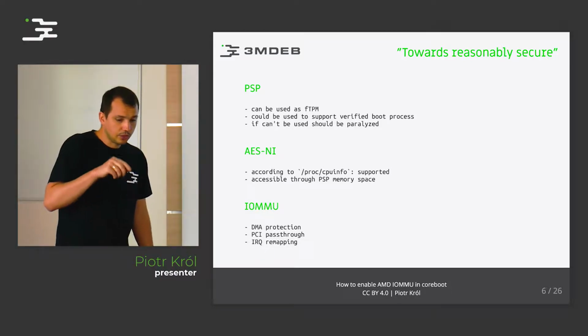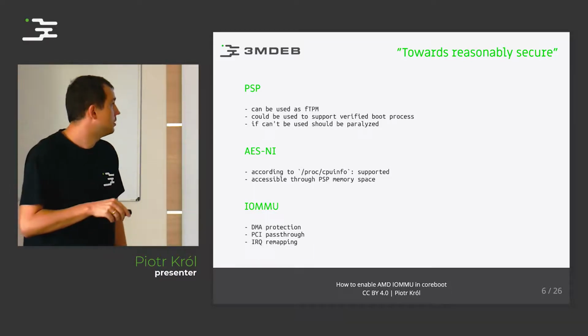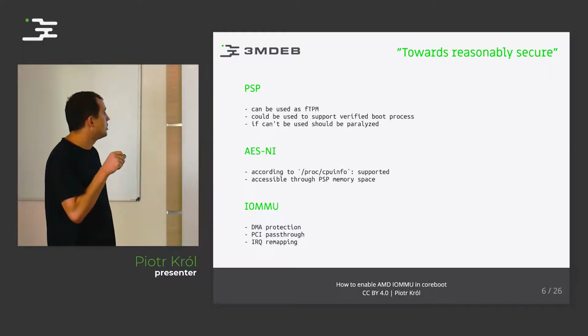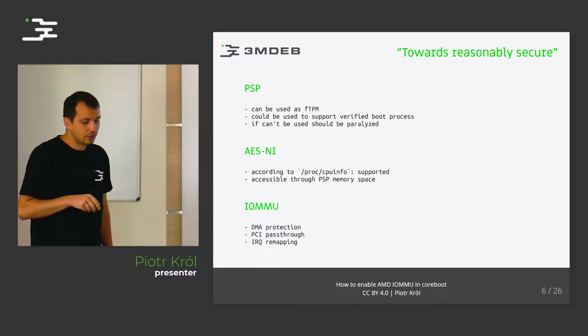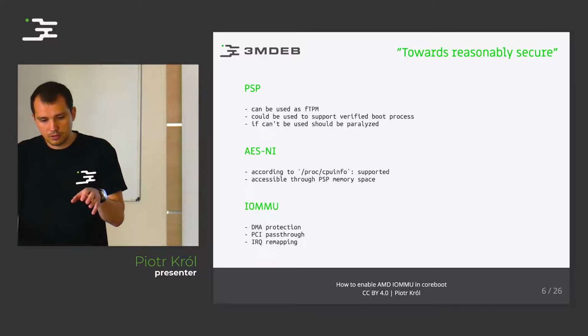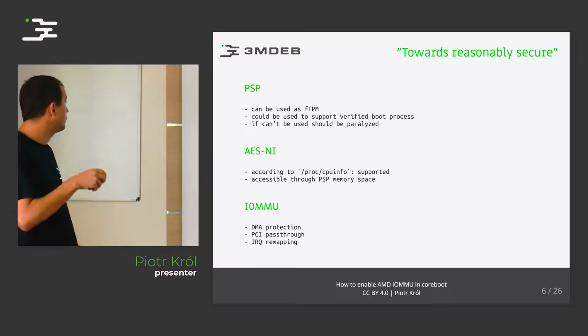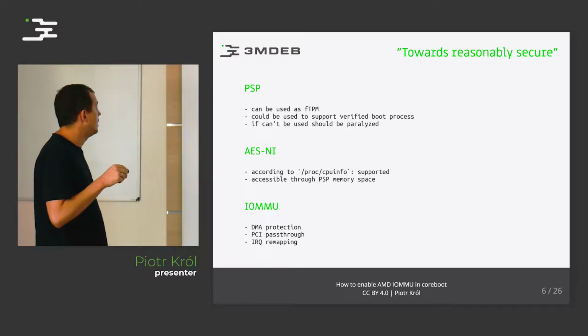Other features that we have on PCs are, for example, PSP, Platform Security Processor, which can, for example, implement firmware TPM. So we can do the same as what TPM hardware does, but in software using this special processor.